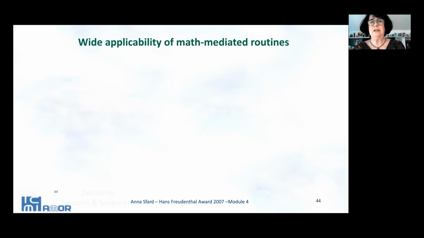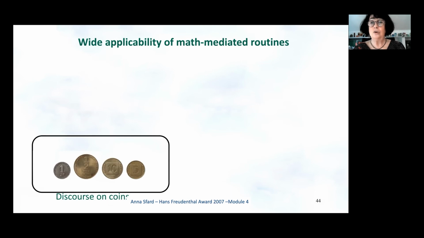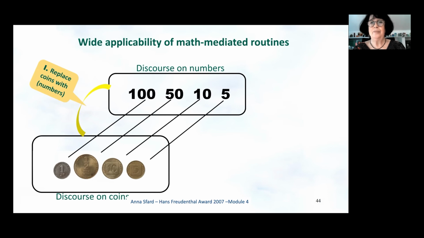I will now help myself with a diagram to present the path followed by the interviewee. The conversation began in the discourse on concrete objects, the coins. The first step was to move to the numerical discourse by translating the coins into numbers. The second step was performed in its entirety within the numerical discourse. It was an operation on numbers that produced the narrative 3 times 75 equals 225.